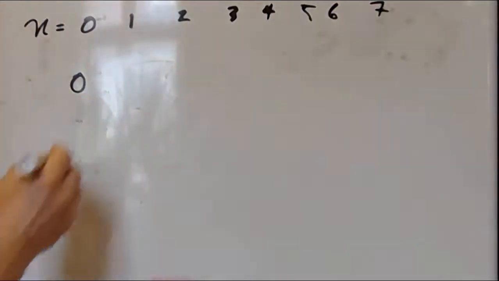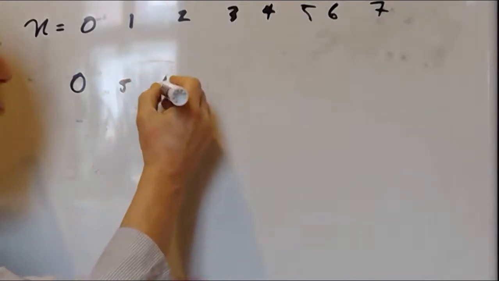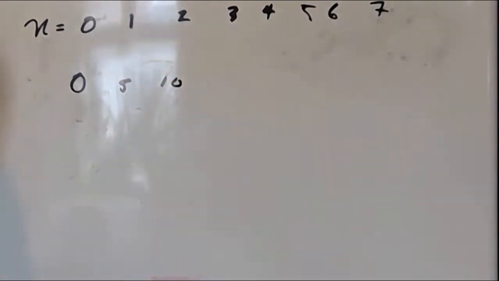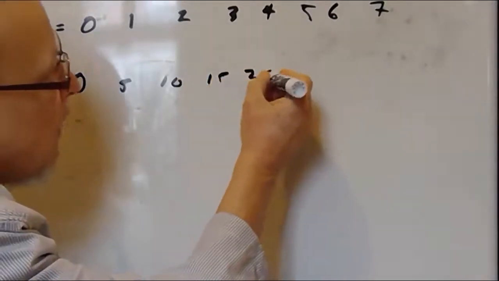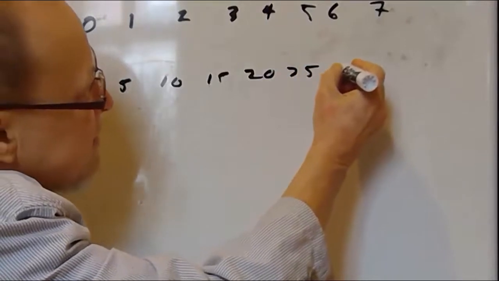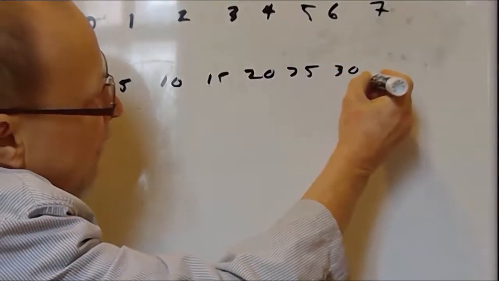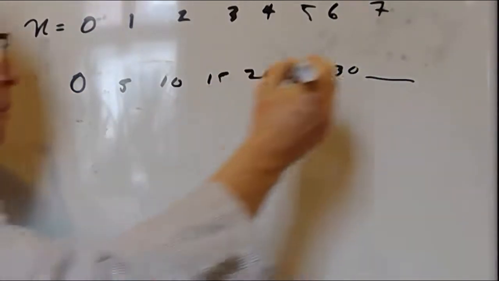So at 1, we had 5. At 2, we had 10. At 3, we had 15. At 4, we had 20. At 5, we have 25. At 6, we had 30. And then we found that the next one at 7 was 35.